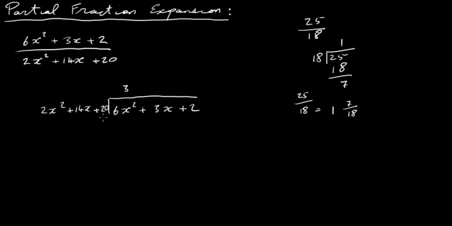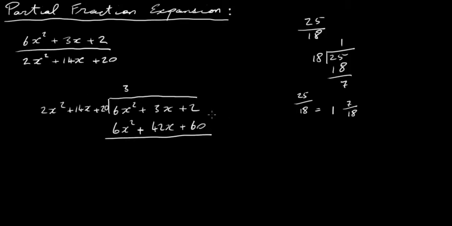Multiply the 3 by all of this and write your answer underneath. So here we get 6x squared, 3 14s here is going to give me 42x, and then 3 20s will give me 60 here.